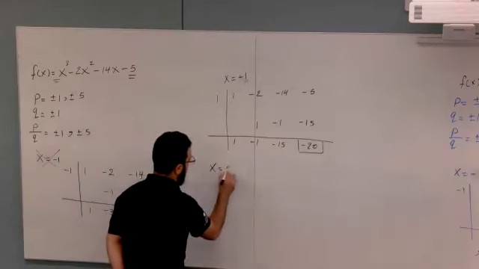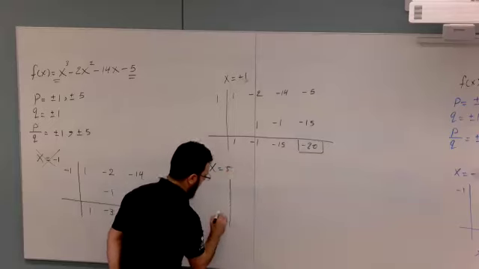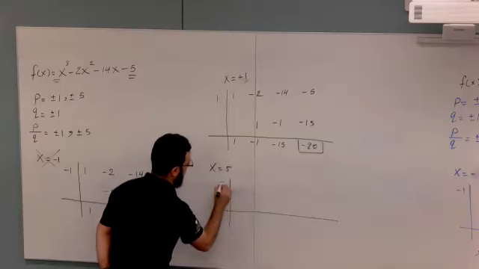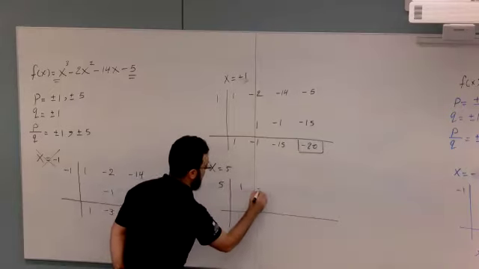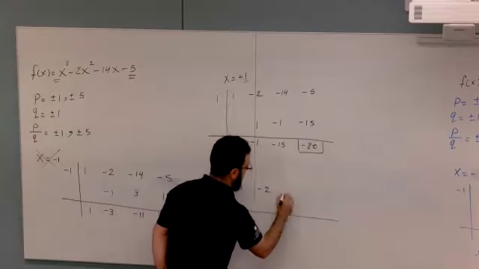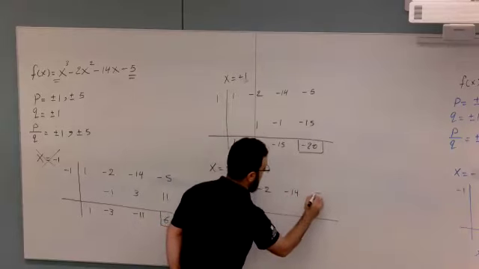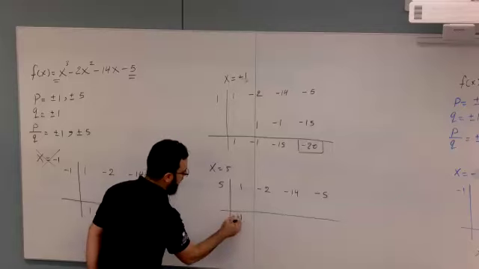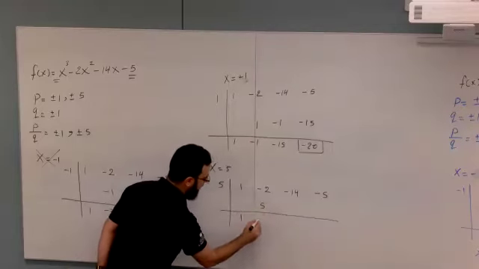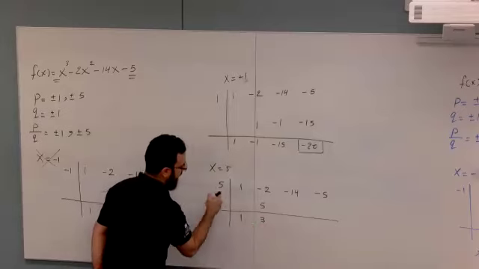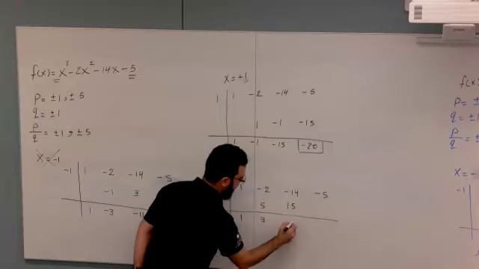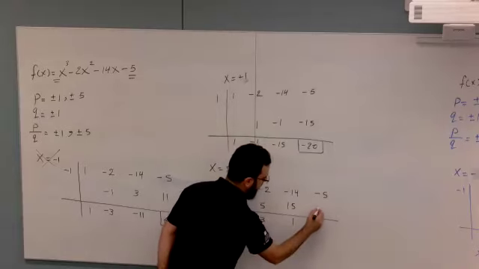And choose x equals 5. Same thing. 1, -2, -14, and -5. 1. 5 times 1. 5. Add these. 5 times 3. 15.